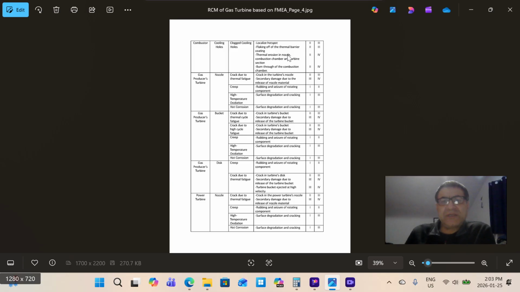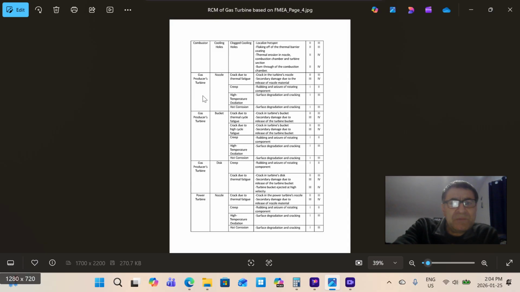This localized hotspot could be detected by infrared camera and thermography inspection. Again, all of those are high probability if it's not maintained, not overhauled, and proper preventive maintenance is not in place. But after maintenance, we can drop the probability of the damage and failure by 2 levels.